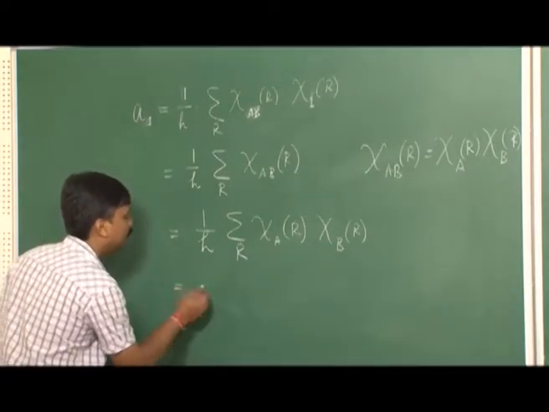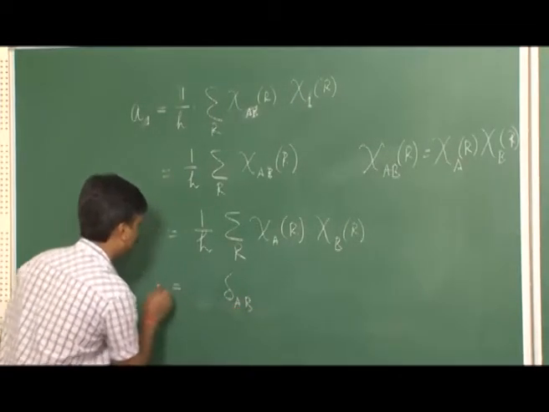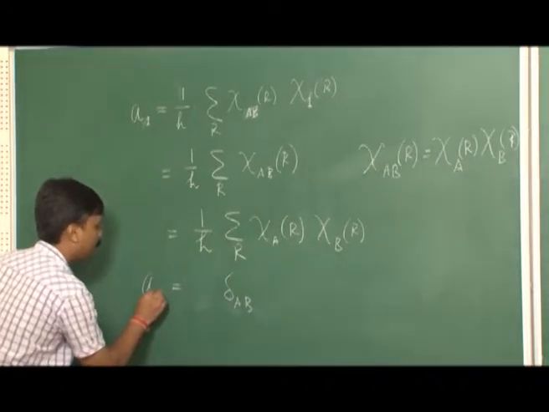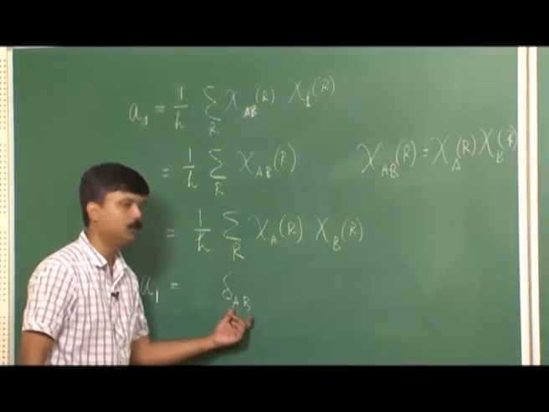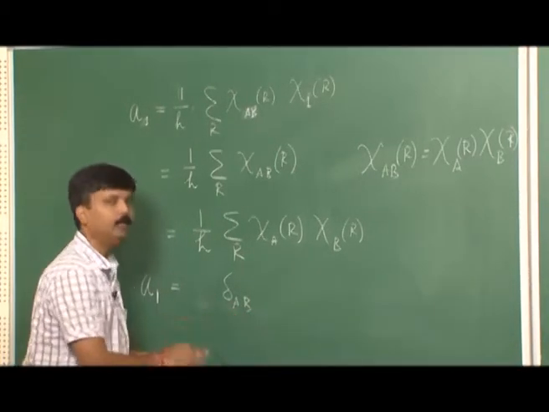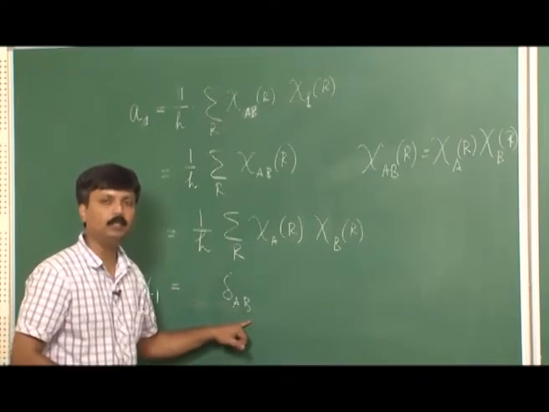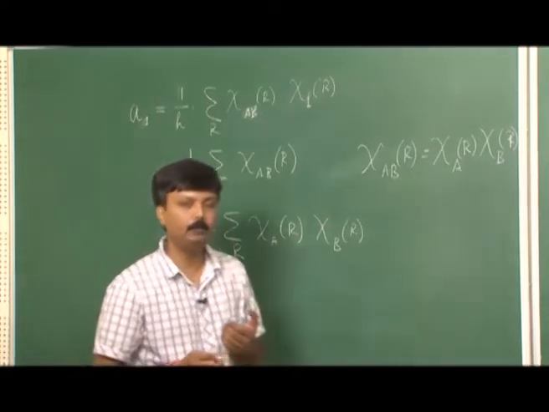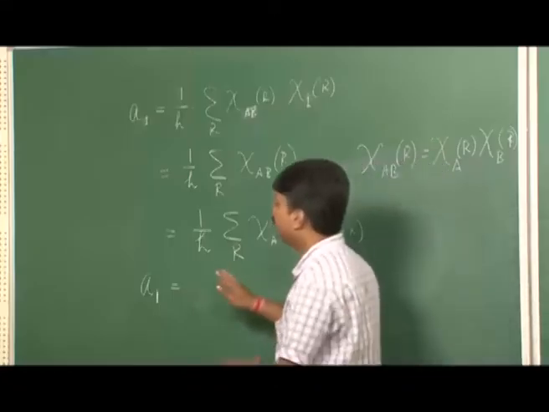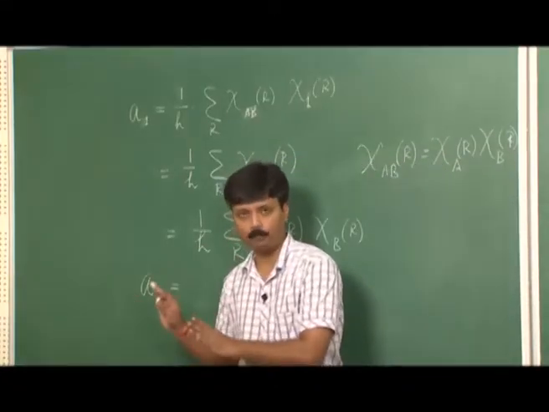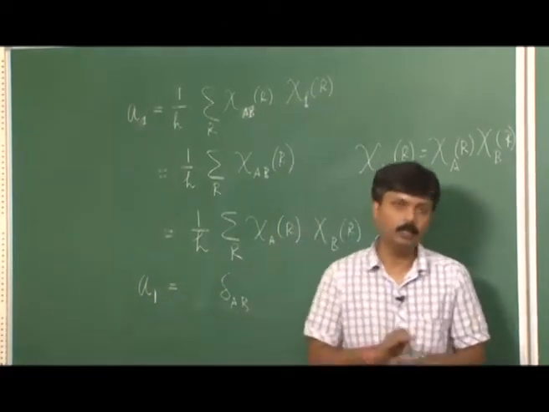So, this means delta AB, right. So, this equals 1 when A equals B, and that is exactly what we said: if A and B are the same, that means if the direct product is done between the same irreducible representation, then only the totally symmetric irreducible representation will be contained within that direct product, otherwise it will not.